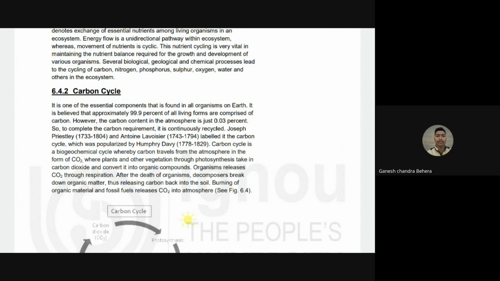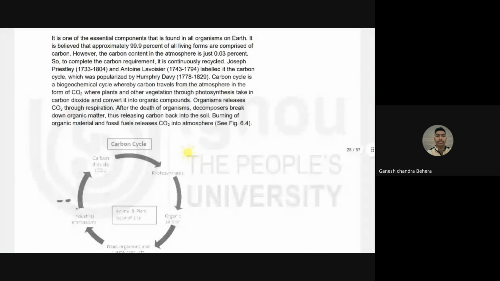Why? Now, what is the carbon cycle? What happens in the carbon cycle? I believe you understand these biogeochemical cycles better. First, the carbon is taken by the plant communities through the process of photosynthesis, and when we consume the plant products, we take in the carbon.